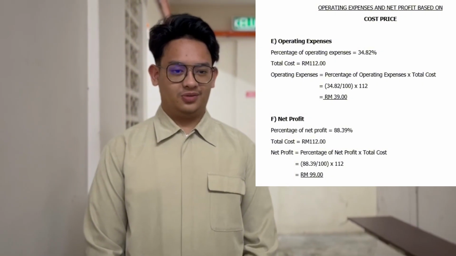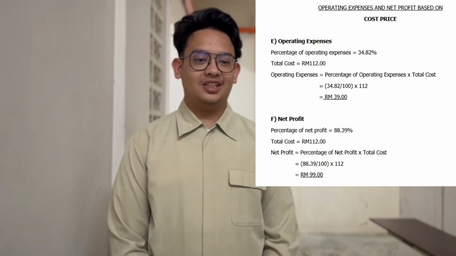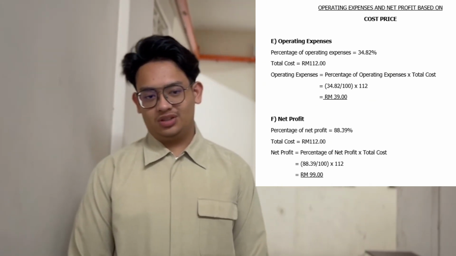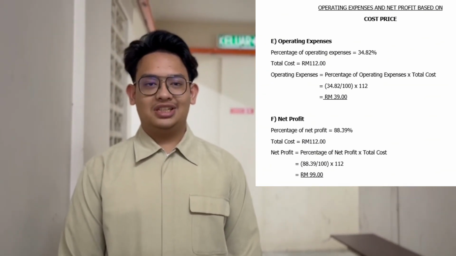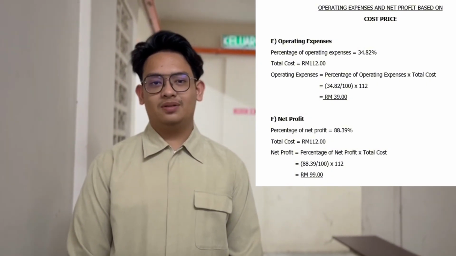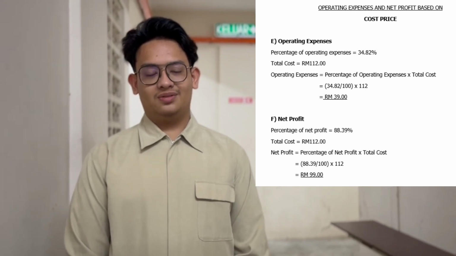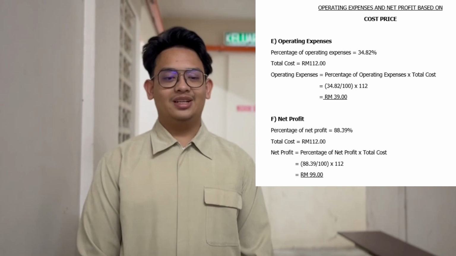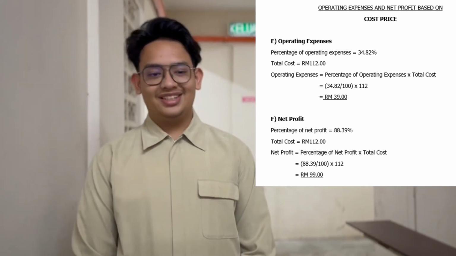For question E, the percentage of operating expenses is 34.82%, and total cost is 112 ringgit. Operating expenses equal percentage of operating expenses times total cost, which is 34.82 divided by 100 times 112, and we get RM 39.